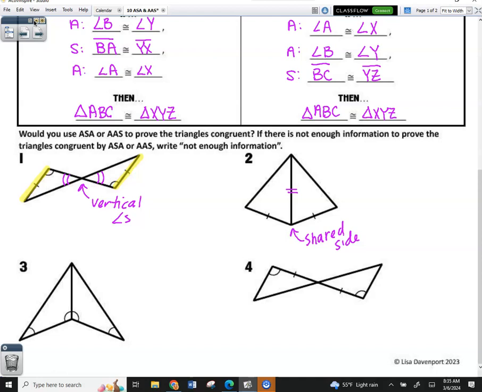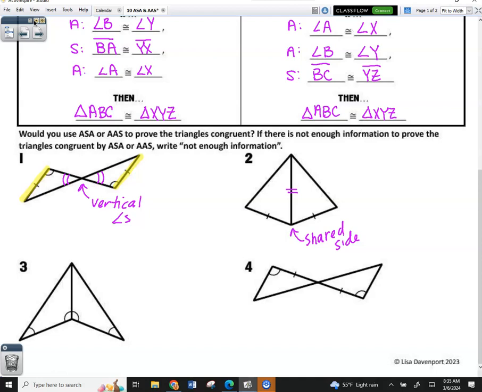So number 1, look at the scenario that we're able to use here. And it all falls on the location of the side. Is it in between the 2 angles that are marked congruent, or is it on the edge of just one of them? What do we have here?